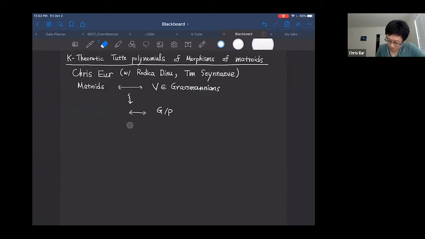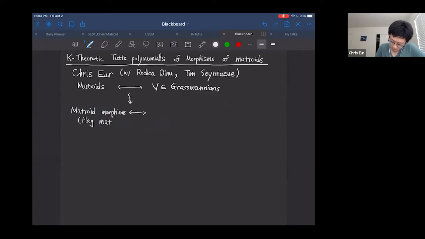So the next generalization of matroids is what one can call matroid morphisms. Some people also call these flag matroids, or really two-step flag matroids.